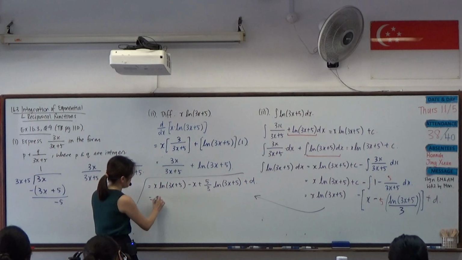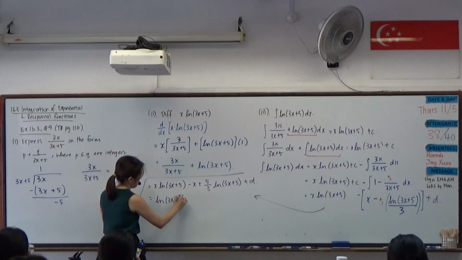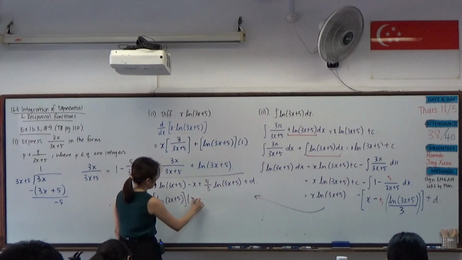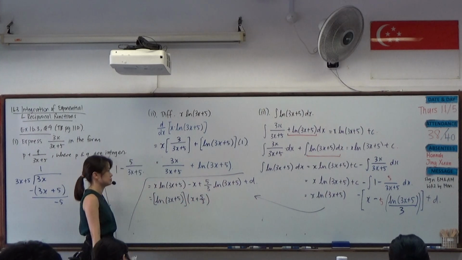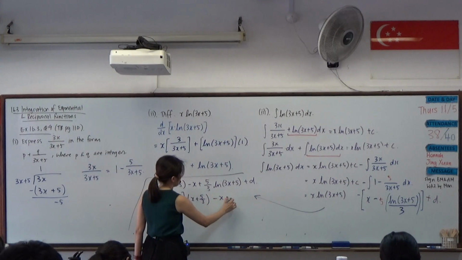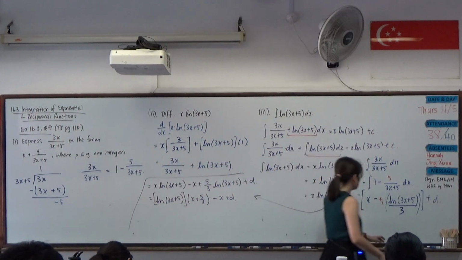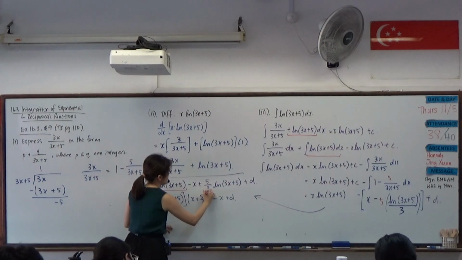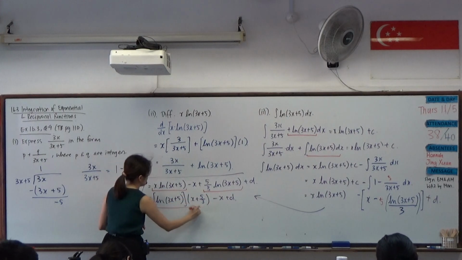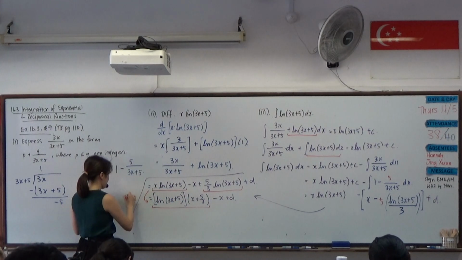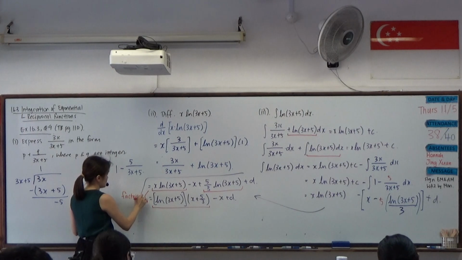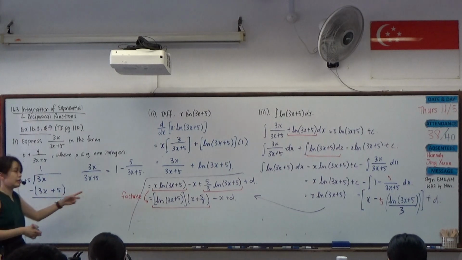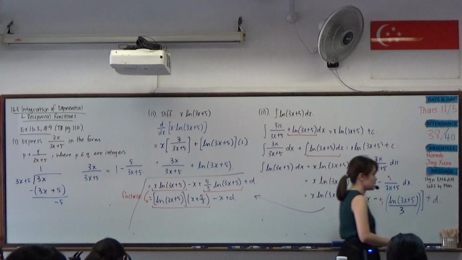It is possible to factorize out the ln(3x plus 5), where we have x plus 5 over 3 followed by minus x plus 3. If you are not confident in factorizing, then don't bother with it if the question did not ask for it.